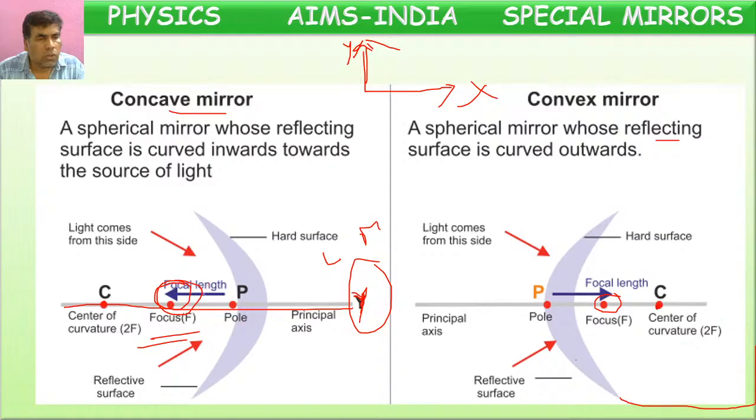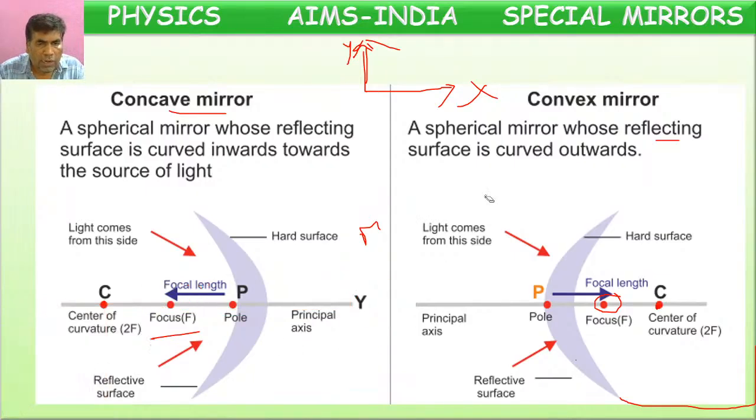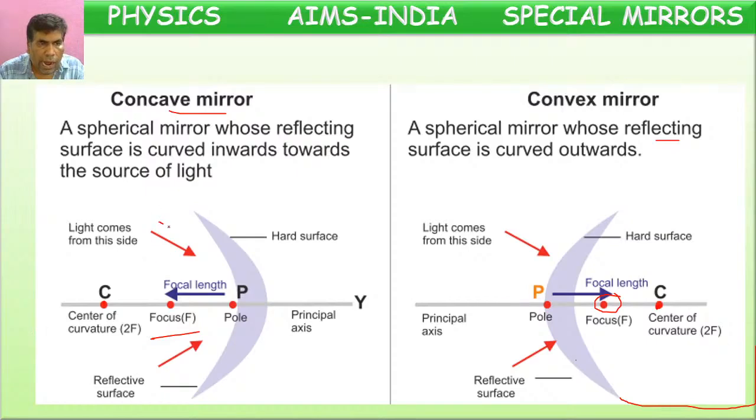Okay. So what is focus? Very important, children. What does focus mean? Suppose the light rays, after touching the mirror, reflect back. They appear in such a way that all the reflected rays are passing through one point.